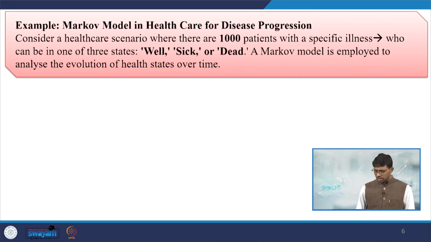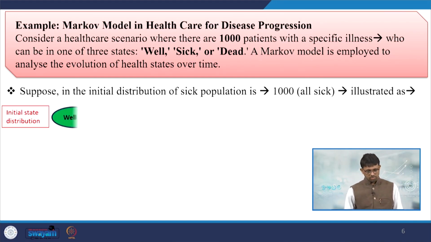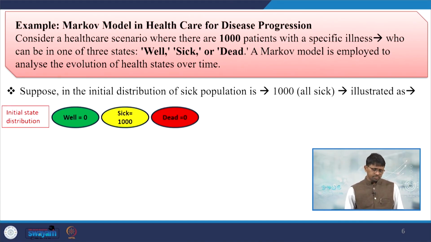A Markov model is employed to analyze the evolution of health states over time. In the very initial state distribution, all 1000 are sick, 0 are well, and 0 are dead.